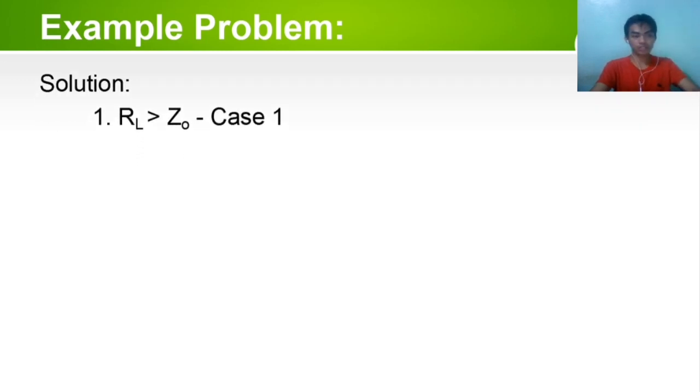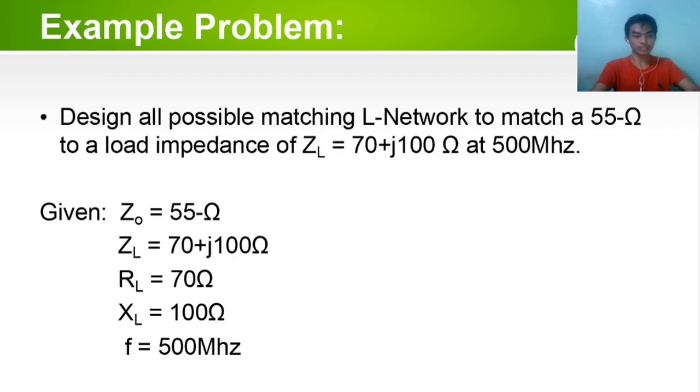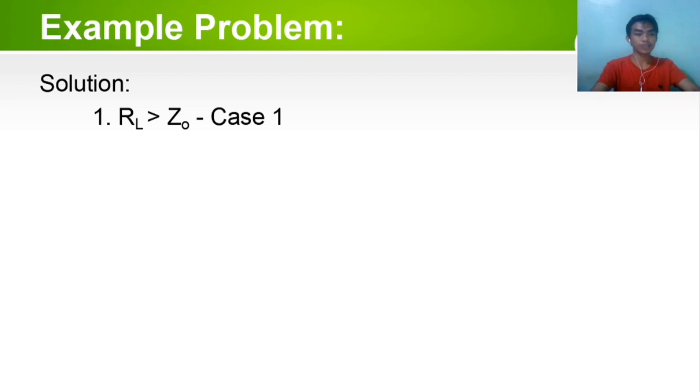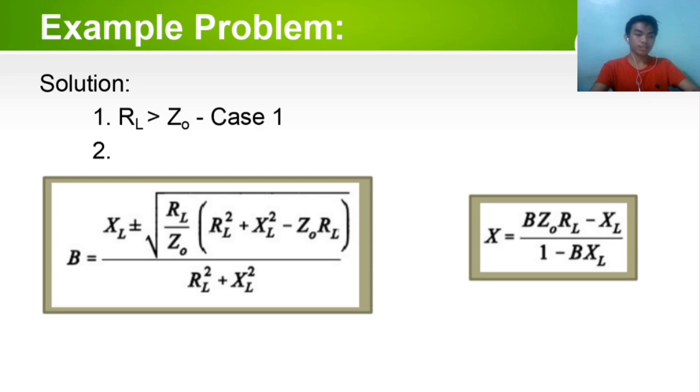So solution: since RL is greater than Z0, where RL is 70 and the characteristic impedance Z0 is 55, we use case 1 in order to get the susceptance B and reactance X. So the formula for case 1: susceptance B is equal to XL plus or minus the square root of RL over Z0 times (RL squared plus XL squared) minus Z0 times RL, all over RL squared plus XL squared.